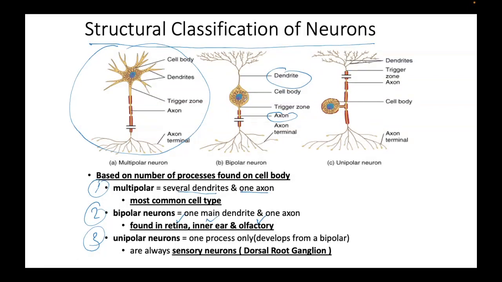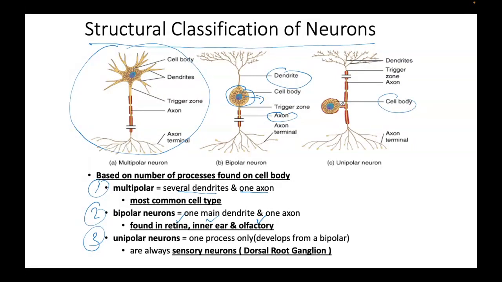The unipolar started off as a bipolar neuron. Now, imagine this cell body here pinching off and moving in this direction. If we take this and pinch it off, right, you end up with a cell body that's off to the side, and you have one process.